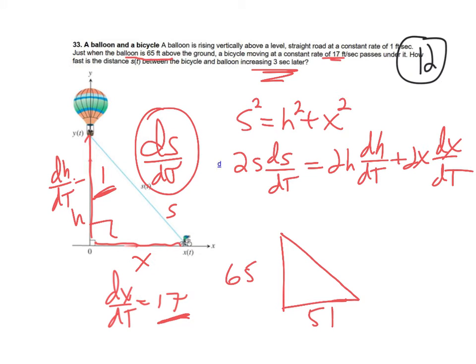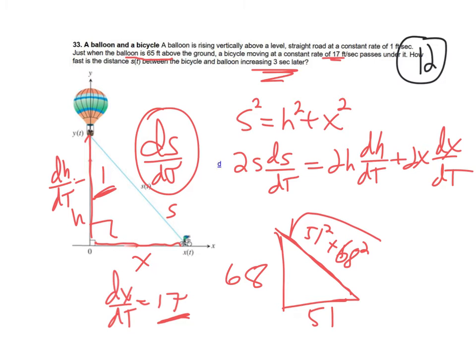It's been 3 seconds, so this is no longer 65, but now it's 68. And if I want to find this side, I don't know of a slick triple for this, so I'm going to do 51 squared plus 68 squared, and then take the square root.